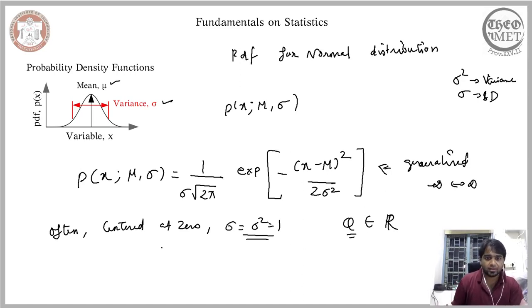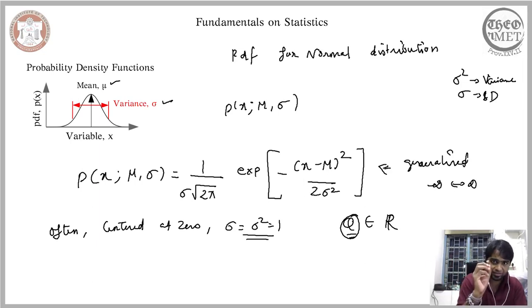So when I say the normal distribution of a quantity that can assume both negative and positive values, it can assume any value, but it exhibits a random normal distribution. So we are considering a quantity q, which exhibits a normal distribution and can assume any value between minus infinity and plus infinity.